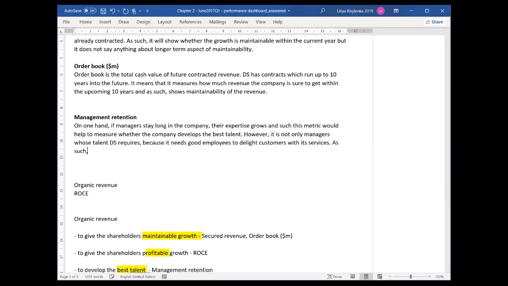As such, this metric is maybe a poor approximation of the development of the best talent.